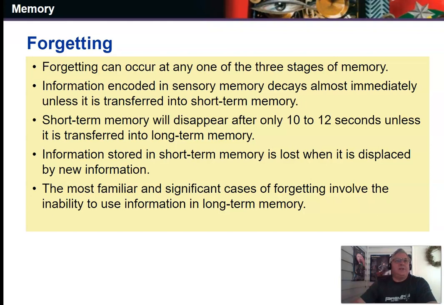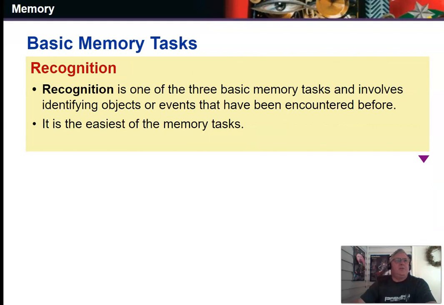the names get confused. The most familiar and significant cases of forgetting involve the inability to use information in long-term memory. Recognition is one of the 3 basic memory tasks that involves identifying objects or events that have been encountered before. It is the easiest of the memory tasks.